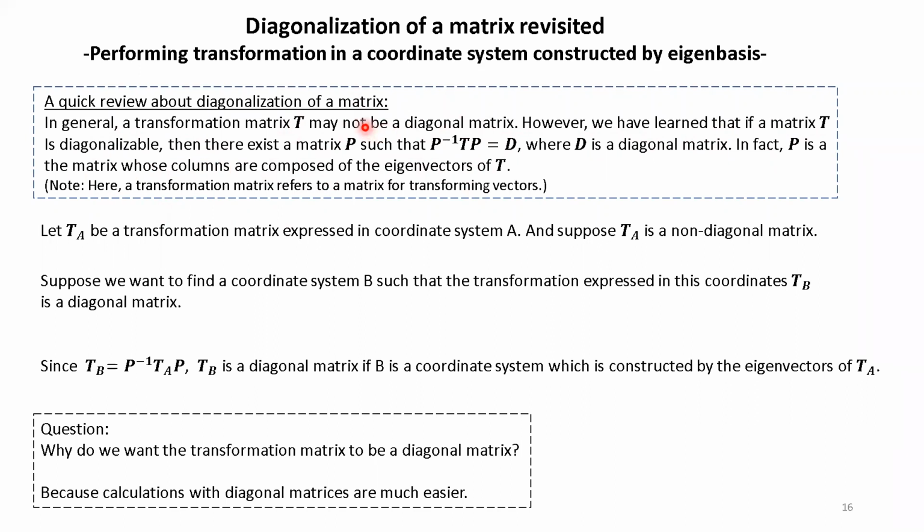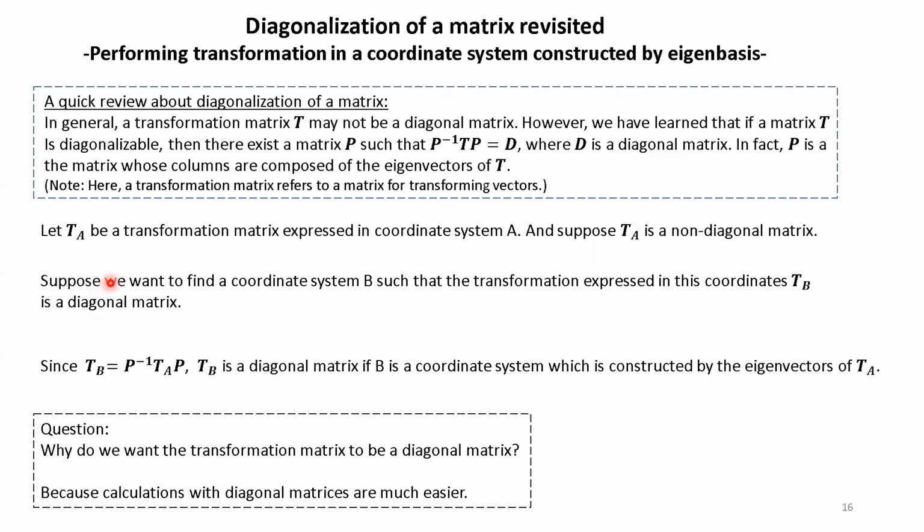Now suppose I am in coordinate system A, and this TA is a transformation matrix that is not a diagonal matrix. And I want to find another coordinate system B such that the same transformation expressed in that new coordinate system is a diagonal matrix.